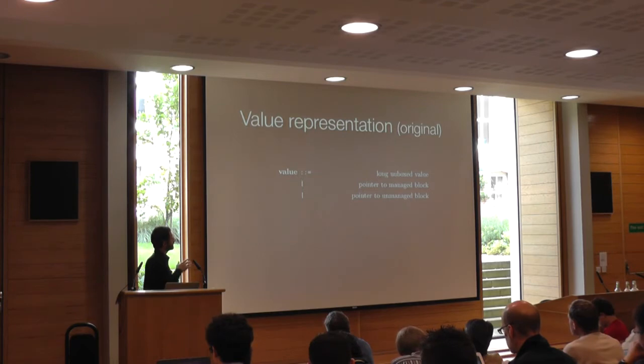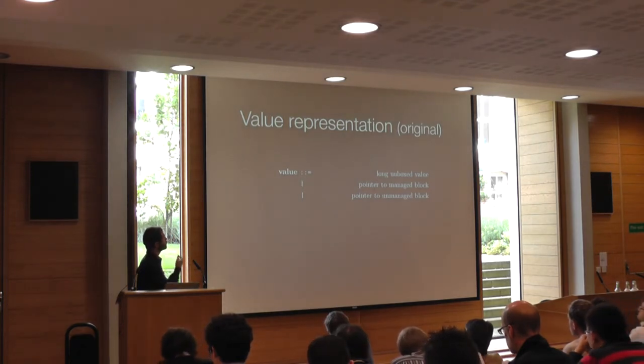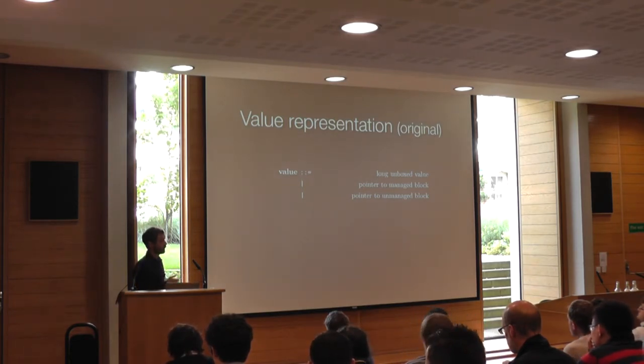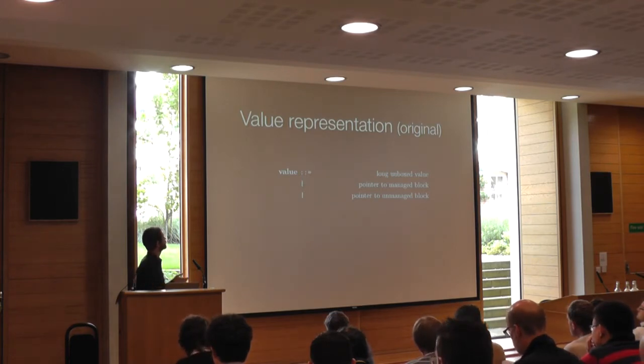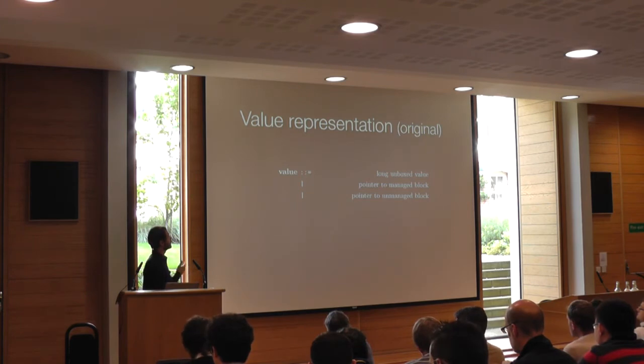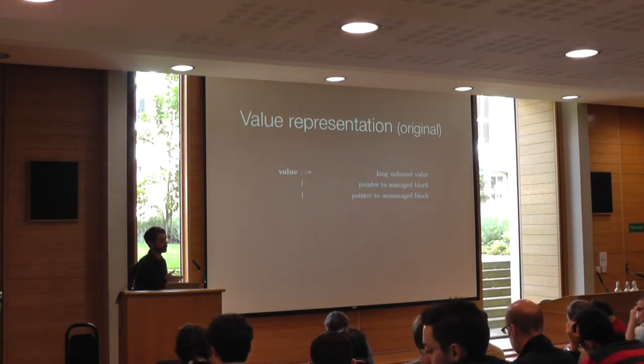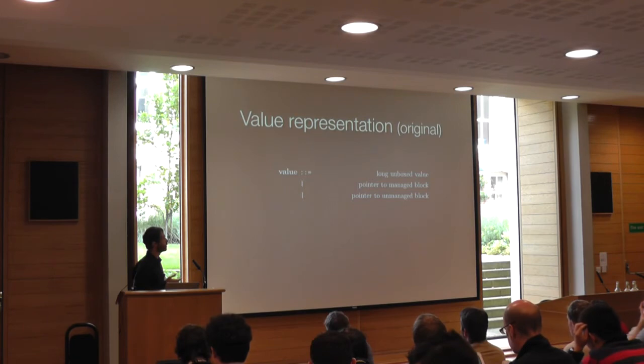In the original implementation, you can discriminate an unboxed integer value from a pointer to a block by tagging. The rightmost bit is set to 1 for long values and to 0 for pointer values. And you can discriminate a managed block from an unmanaged block by checking if it belongs to the OCaml heap managed by the garbage collector.